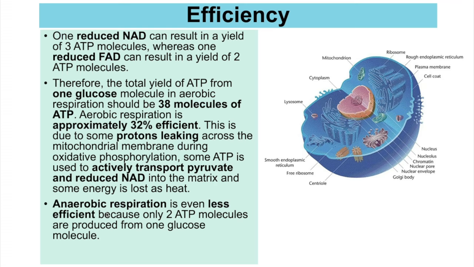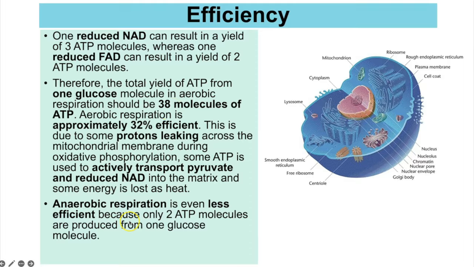And if we think back to the fact that from one glucose molecule, we create 10 reduced NAD and 2 reduced FAD, that results in 34 ATP molecules, because we've got 3 times 10 and 2 times 2, so that's 34. But we also had a net gain of 2 in glycolysis and 2 produced in the Krebs cycle. So that's why overall from one glucose molecule you get 38 ATP.